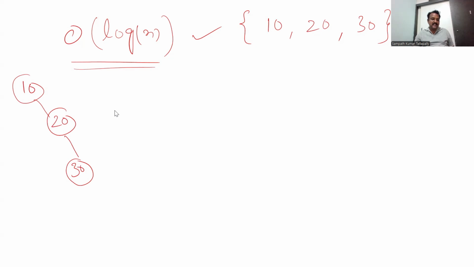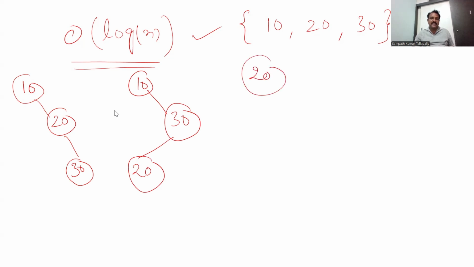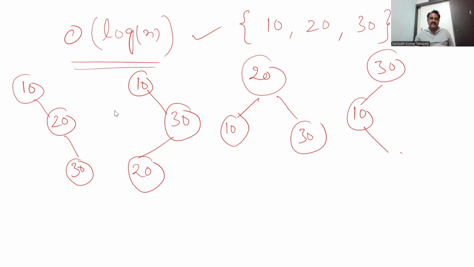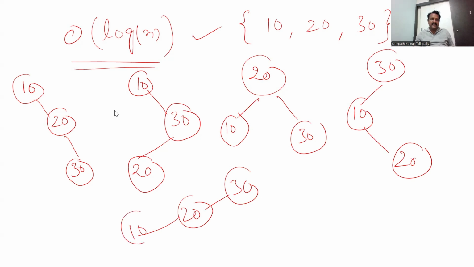You can write a tree in this manner. 10, I can have my 30, and I have my 20. It is my second form. And I can also have a tree in this manner, and also in this manner, and also in this manner.